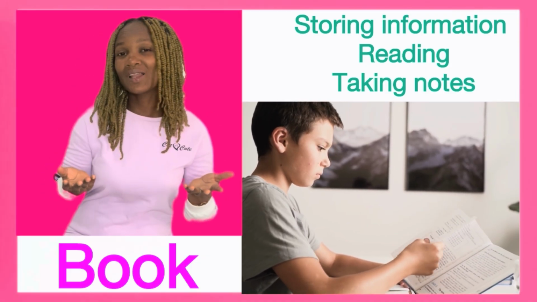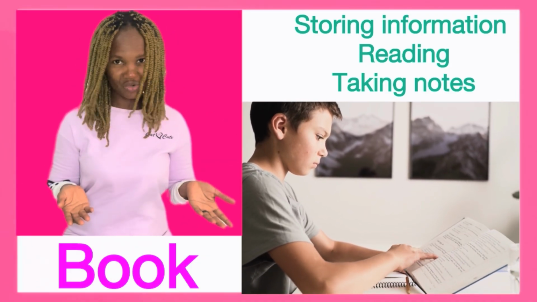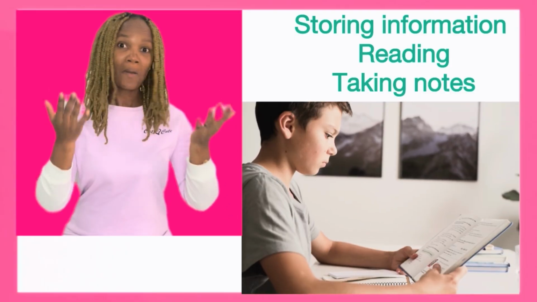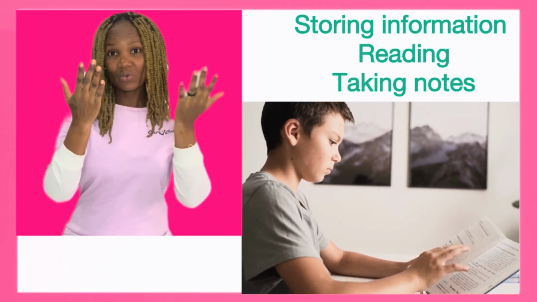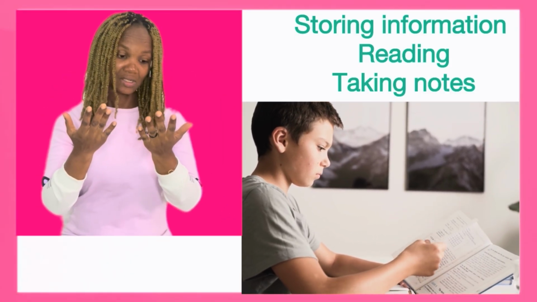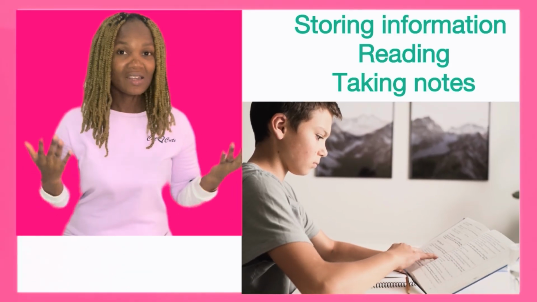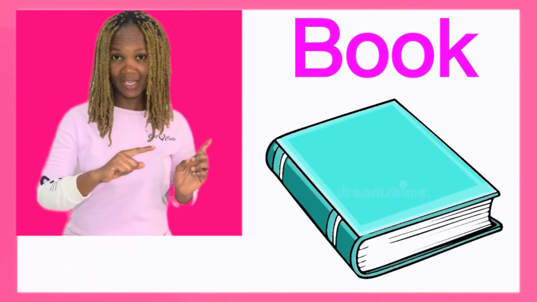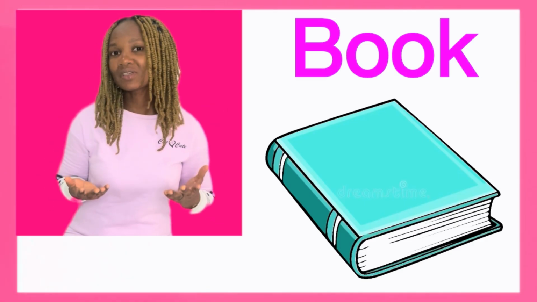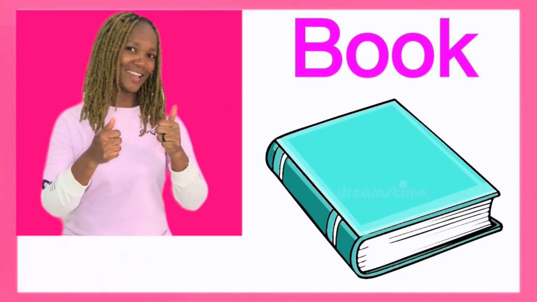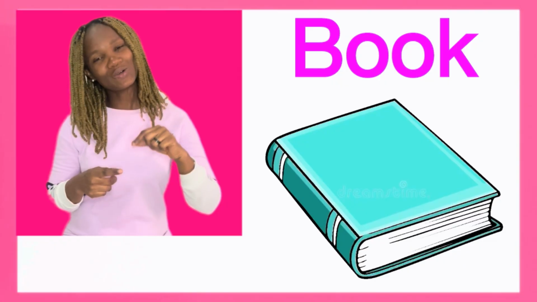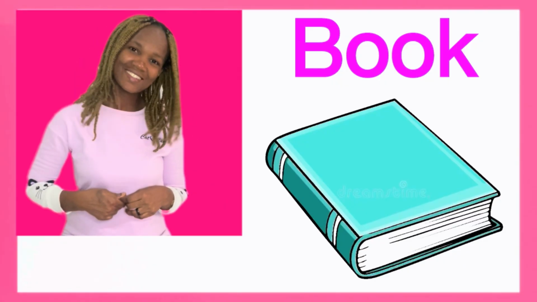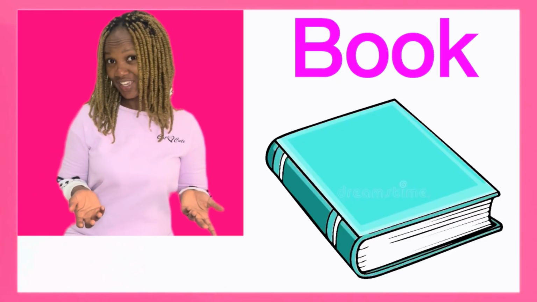When you go to the library, what do you read? Books. So we read books to obtain knowledge. The name of this object is book. Excellent. Let's go to our next object. Shall we?